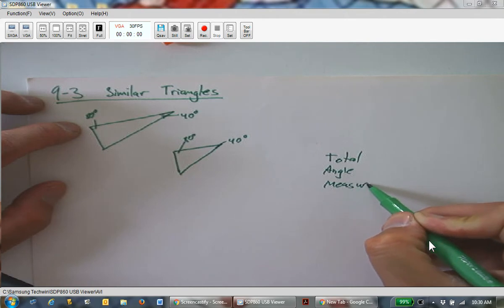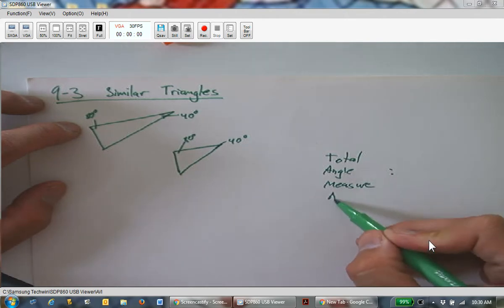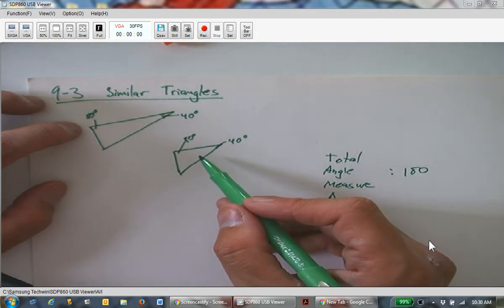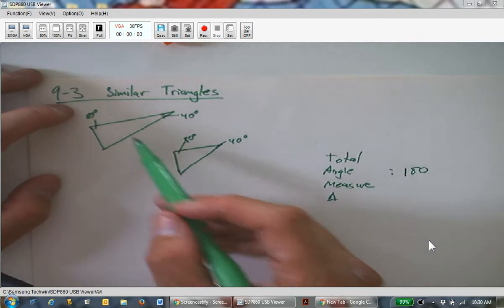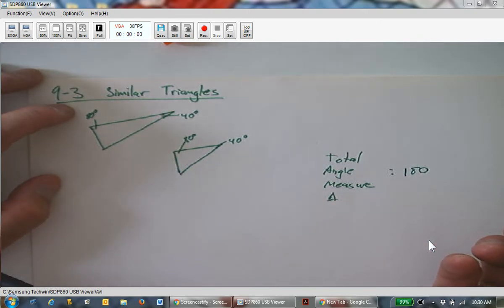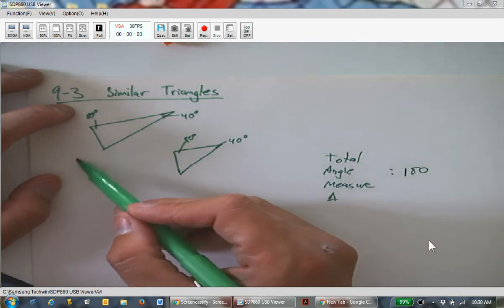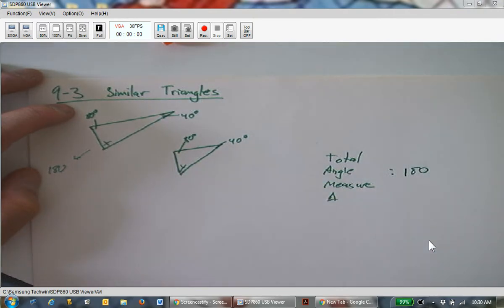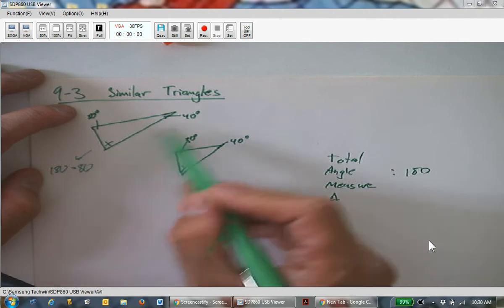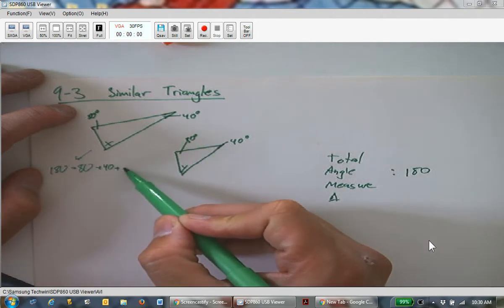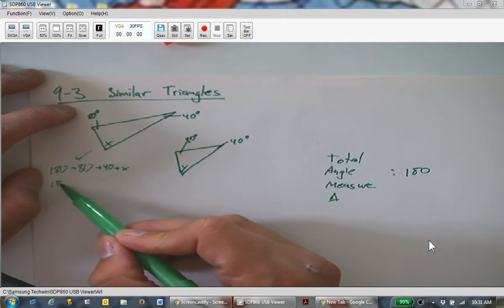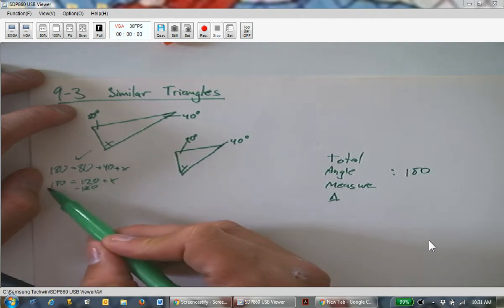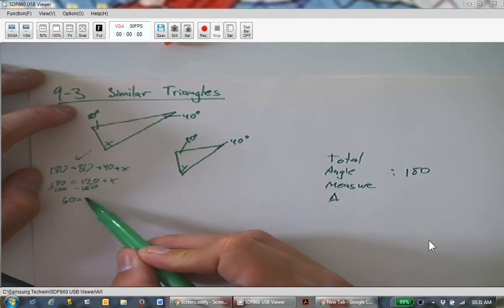All right, so your total angle measure in any triangle has to be 180, right? So in both of these triangles, they all have to add up to 180. Let's call this X and let's call this Y. If 180 is equal to 80 plus 40 plus X, and I get 180 is equal to 120 plus X, what is X going to be equal to? 60 degrees.